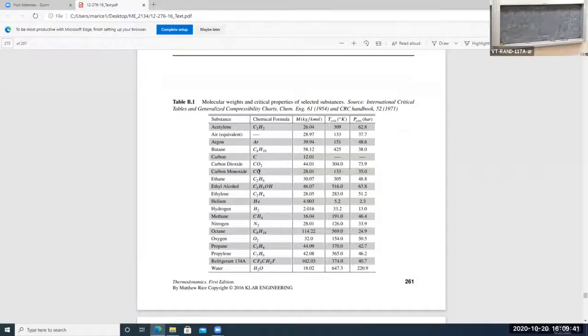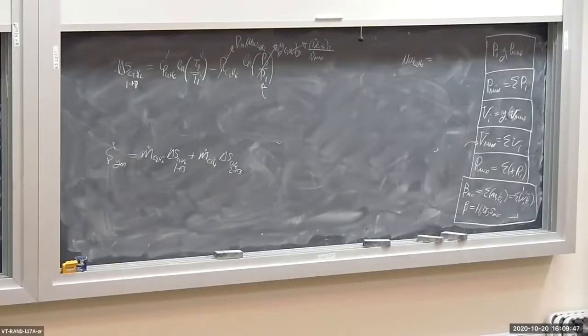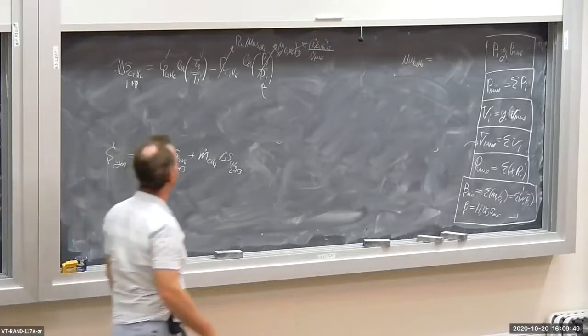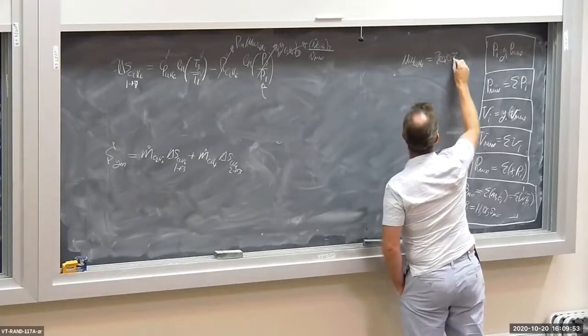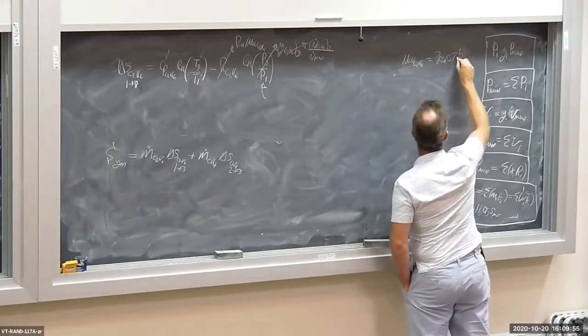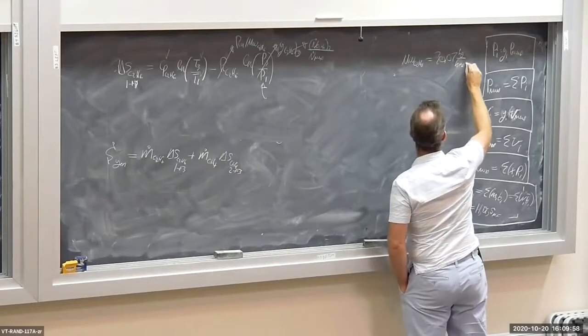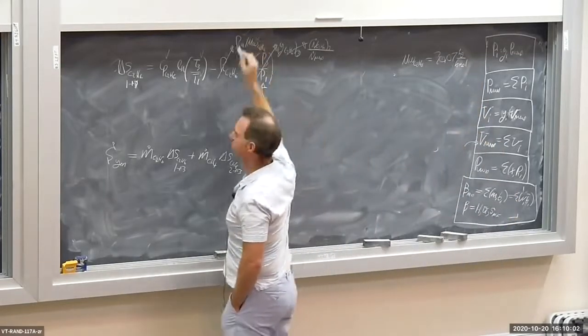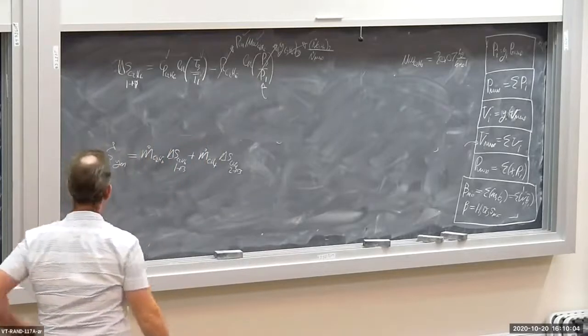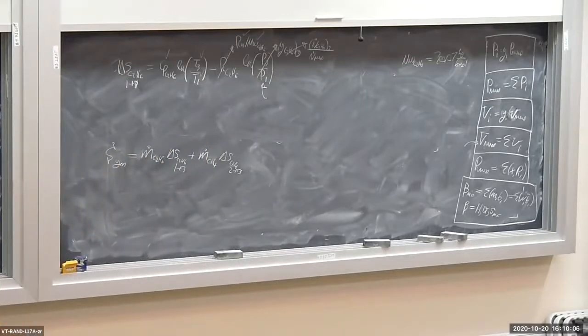C2H6, 30.07, that's the molecular weight. 30.07 kilograms per kilomole of ethane, okay? So check, I've got this. Gas constant, 8.314 kilojoule per kilomole Kelvin. That's no biggie.